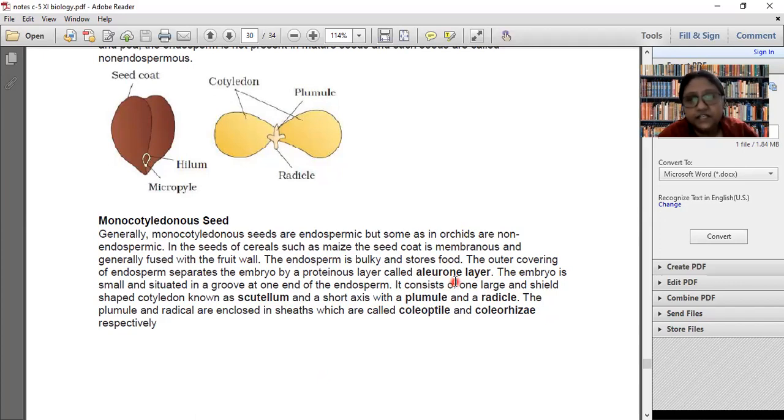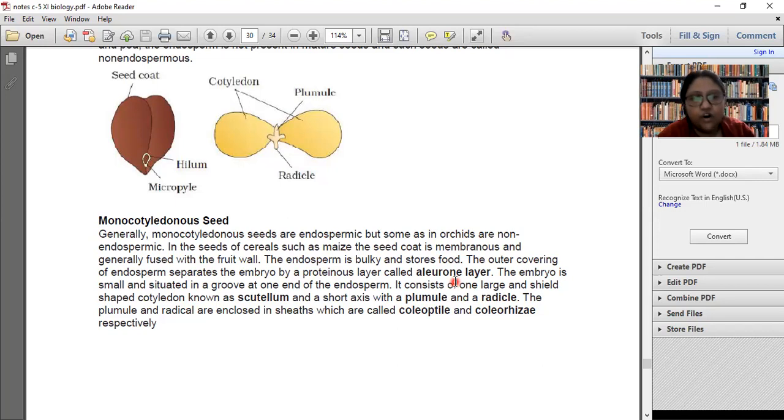In monocot seed, there is a single cotyledon. So it can protect the internal part from one side. What about the other side? On the other side, there will be a big shield-like structure that is called scutellum. And in case of monocot, the radicle and plumule have one extra covering.